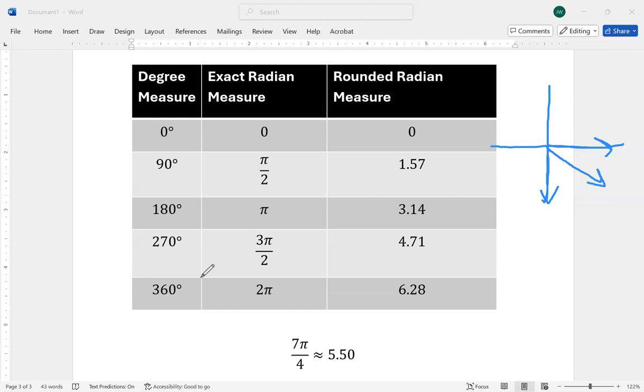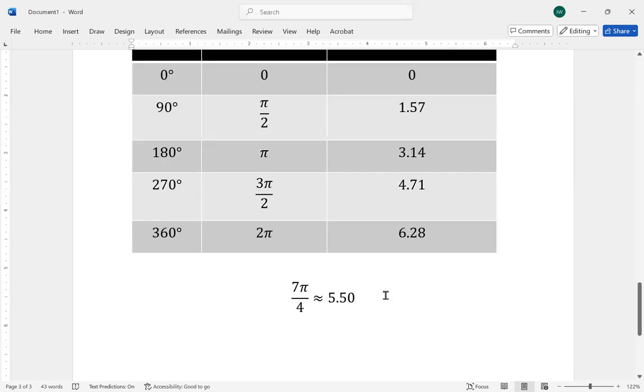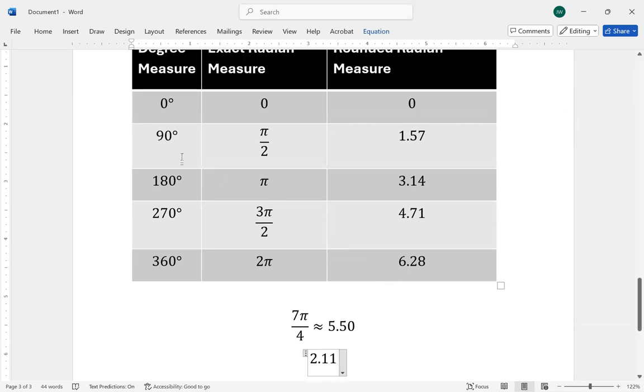Now I can do that regardless of what my angle is. So my other angle was 2.11 radians. 2.11 is between pi over 2 and pi.